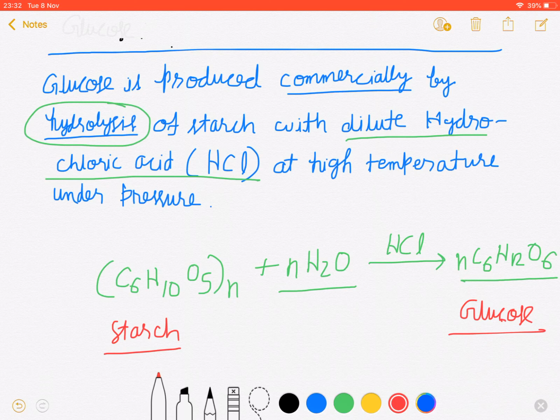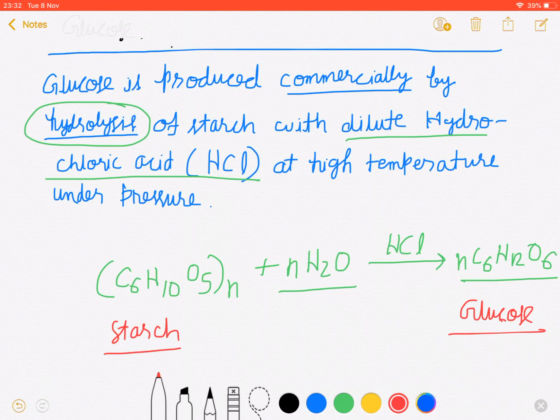So to produce glucose on a commercial scale, you have to hydrolyze starch, because starch is the polymer of glucose with 300 to 1000 glucose monomers. You hydrolyze it in the presence of dilute hydrochloric acid, and glucose molecules will be produced. So this was about the preparation of glucose.